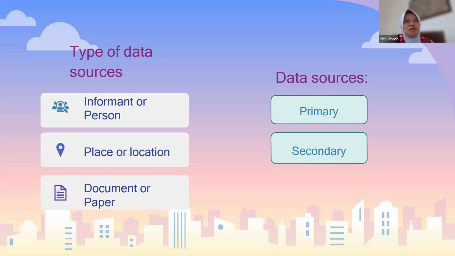In social science it can be by interviewing someone, or by conducting a focus group discussion. But you can also take data from observation.